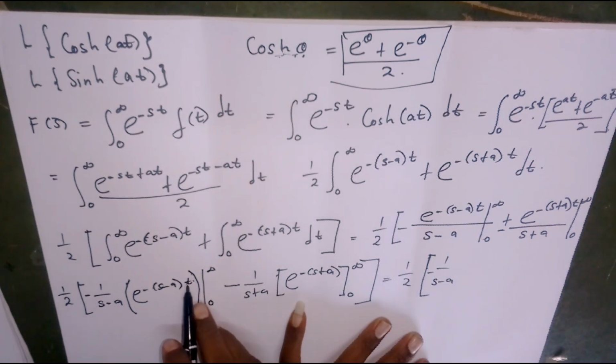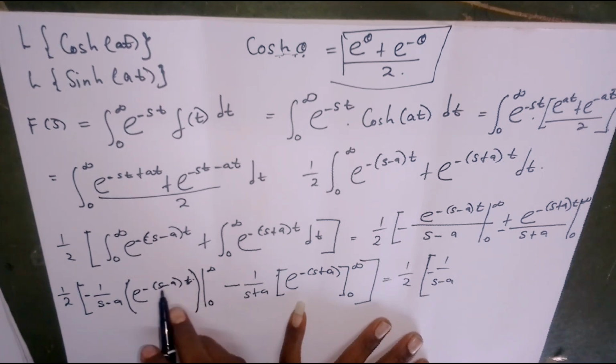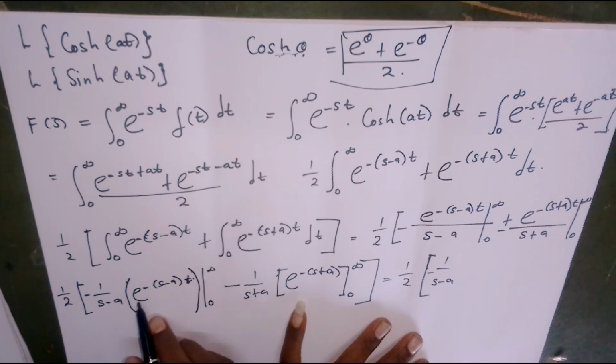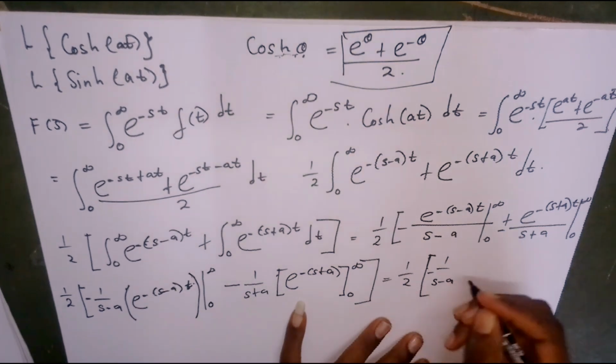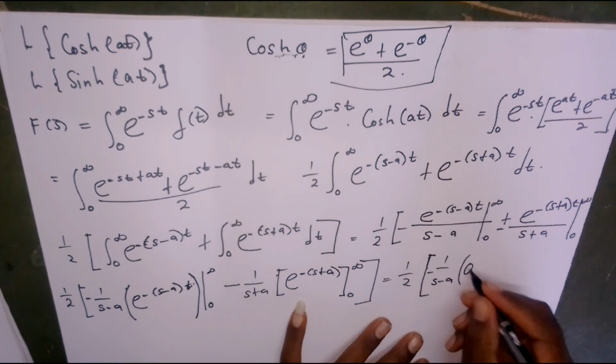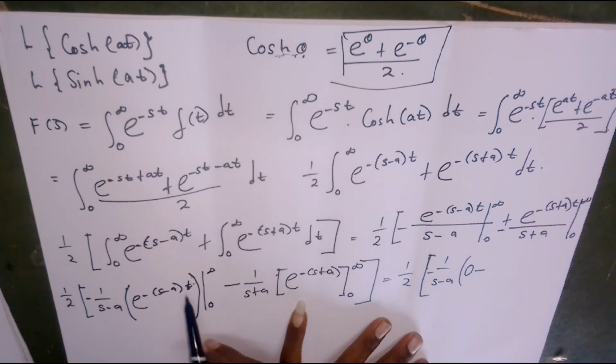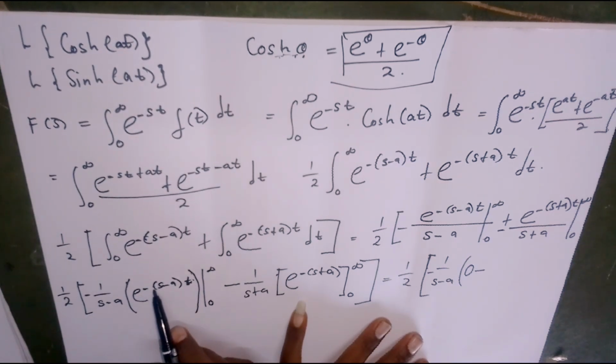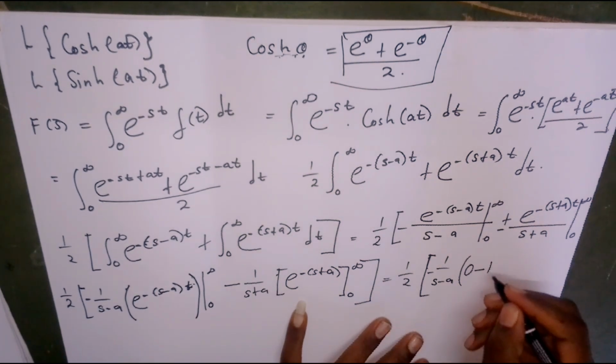we're going to be left with negative 1 over s minus a at the first bracket. If we substitute infinity here on t, this infinity is going to dissolve, and then we are left with e to the power negative infinity, which is equal to 0, minus, and then if we substitute 0 here, we're going to be left with e to the power negative 0. So e to the power negative 0 is 1.